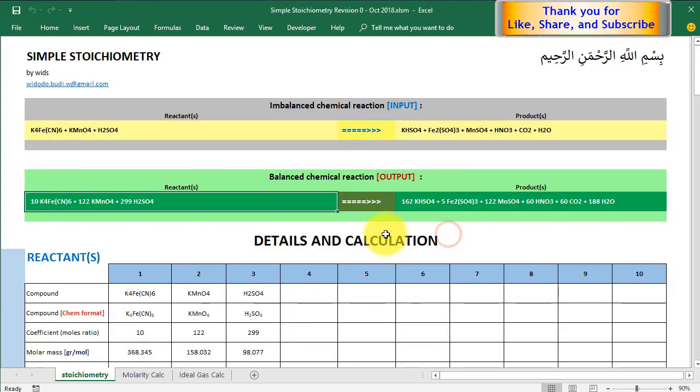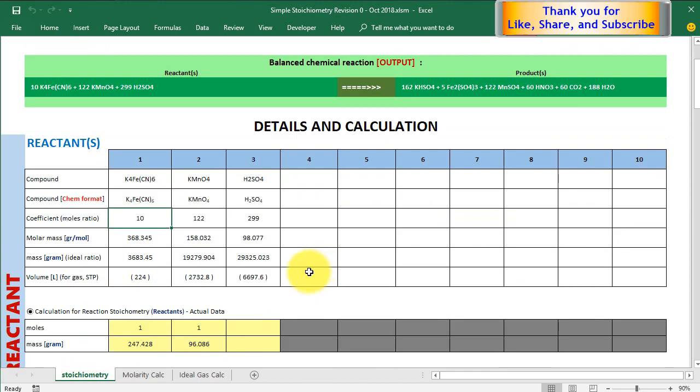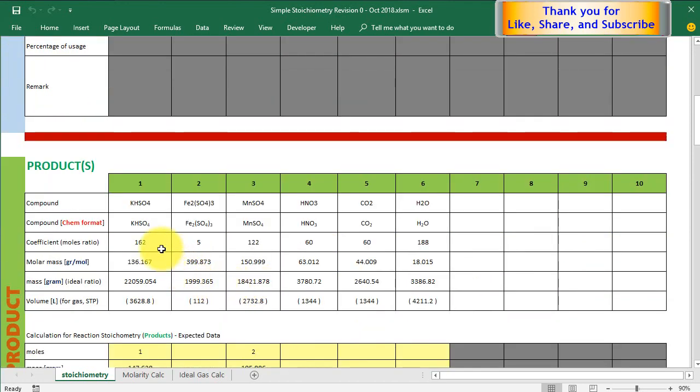Right. Oh, this is difficult to calculate manually. The coefficients are 10, 122, potassium permanganate, and 299, hydro acid, sulfuric acid, and the product is 162 potassium sulfate.